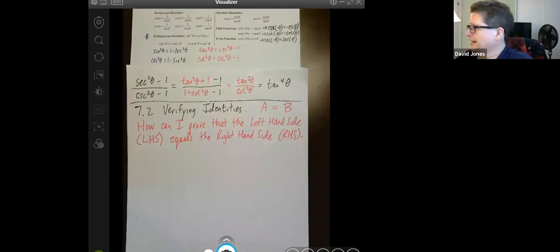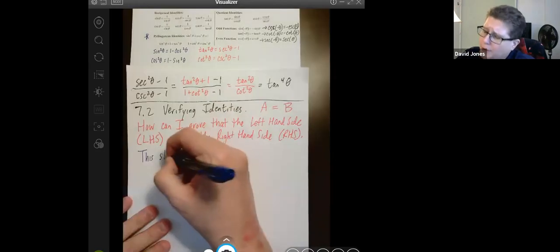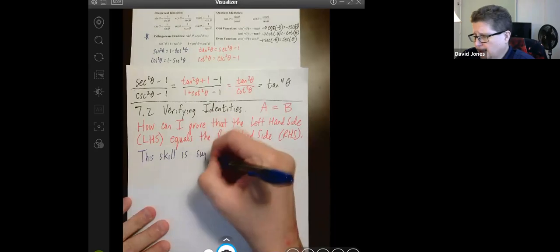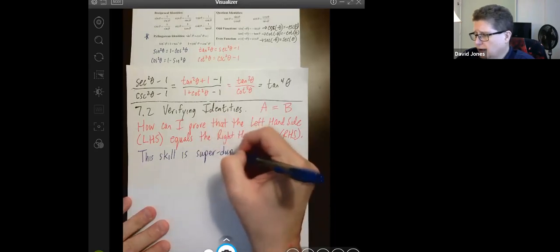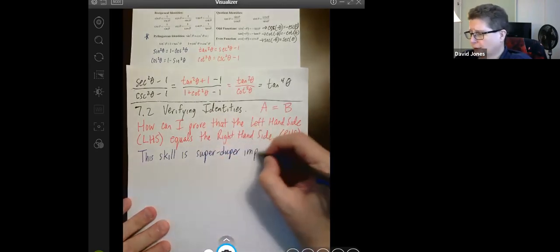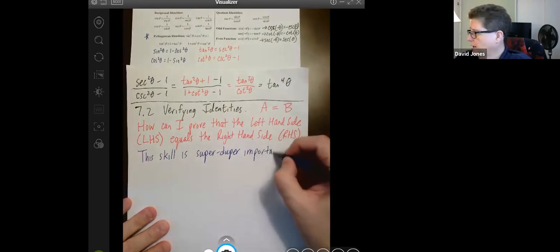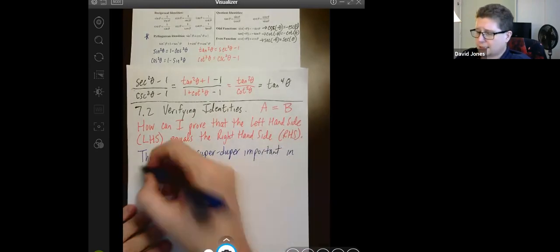Just like I said in the last one, with 7.1, this skill is super duper important in calculus.